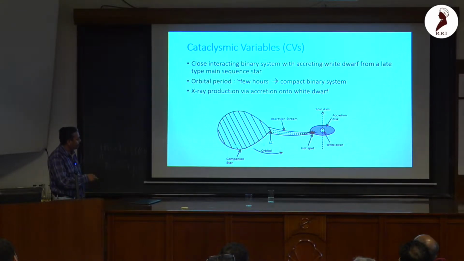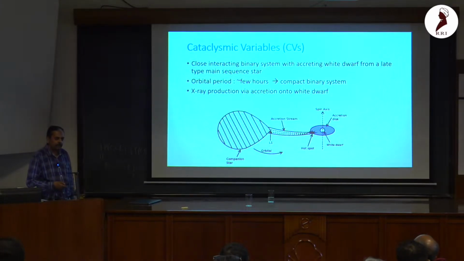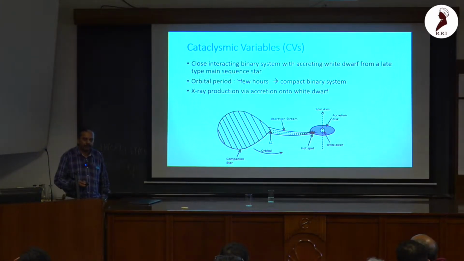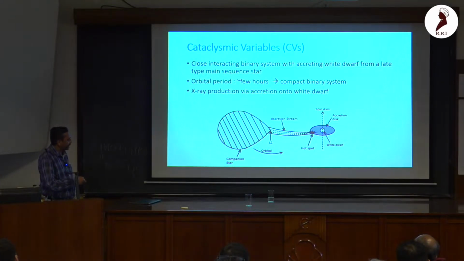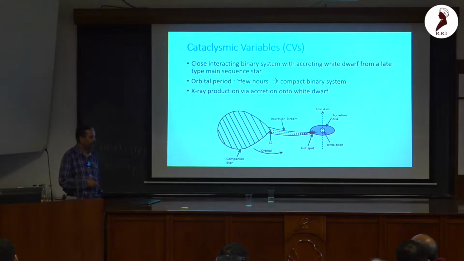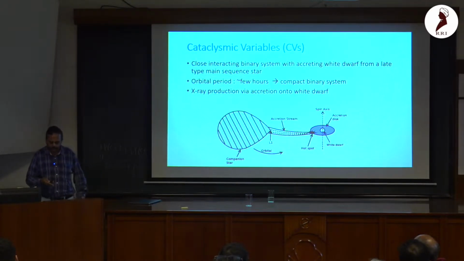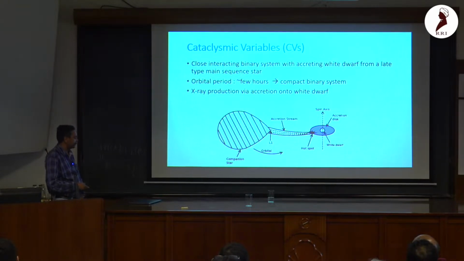The main components are the companion star and the white dwarf, which is also spinning around its spin axis, and in some cases the white dwarf may also have a magnetic field. Then the magnetic axis is not necessarily aligned with the spin axis, and we might see some periodicity as a function of that. There is an accretion stream and an accretion disk. These are the main parts of these systems.